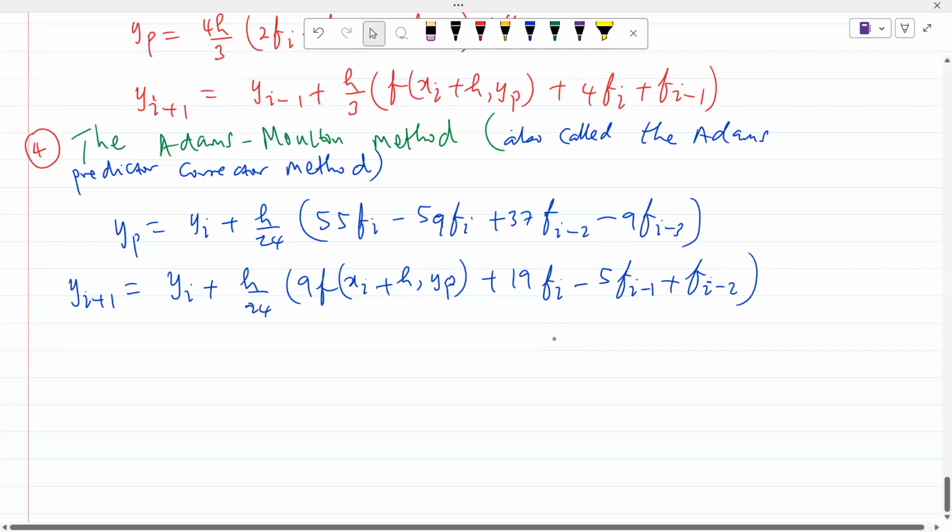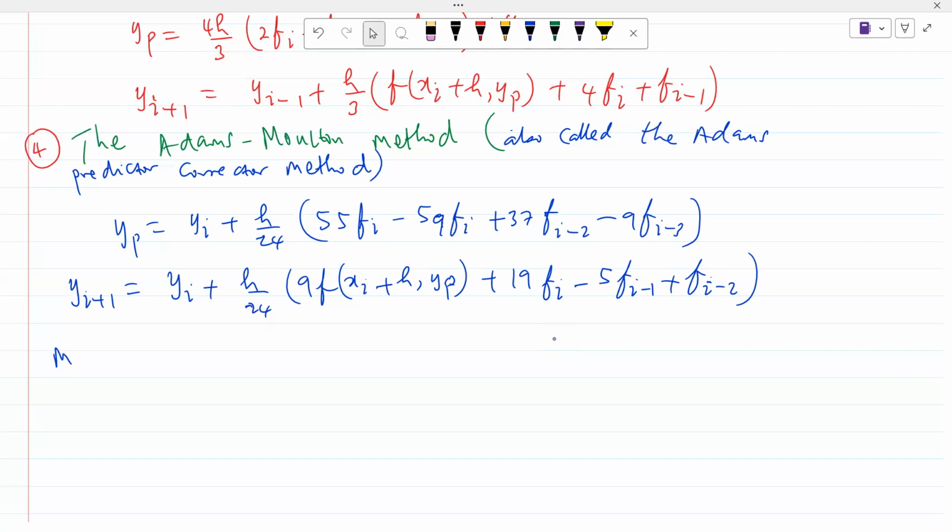So what is important about these formulas?